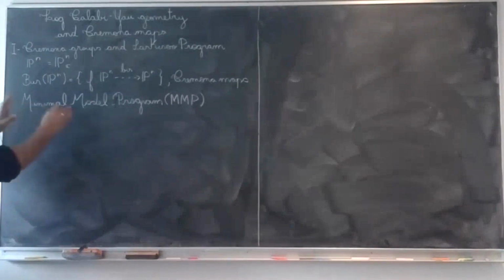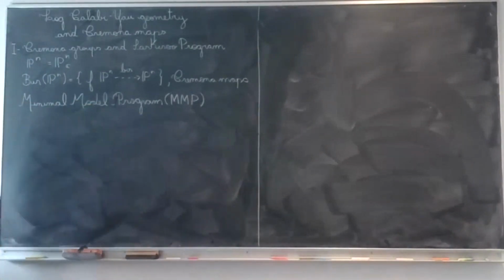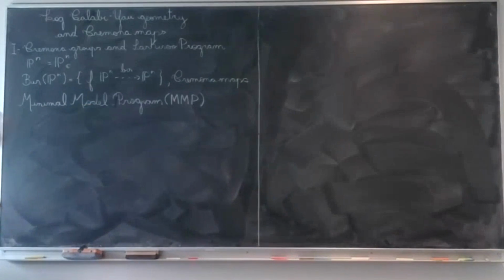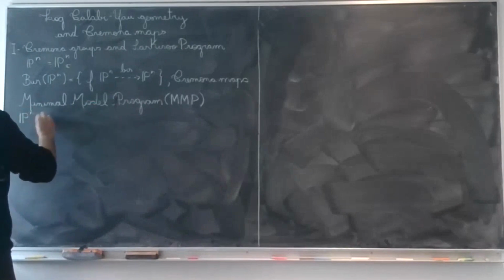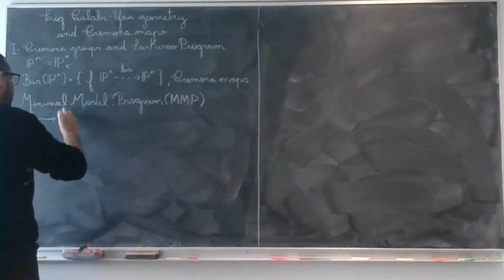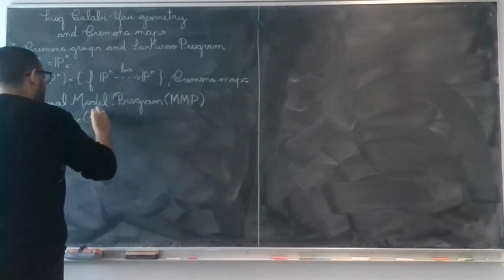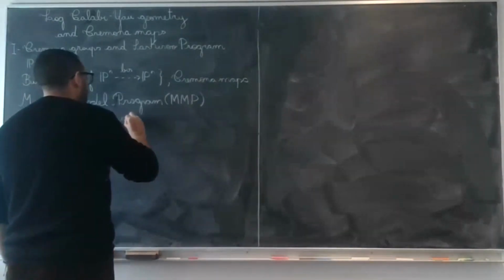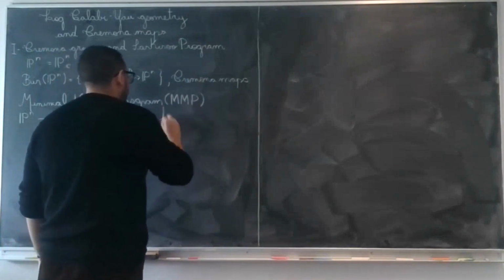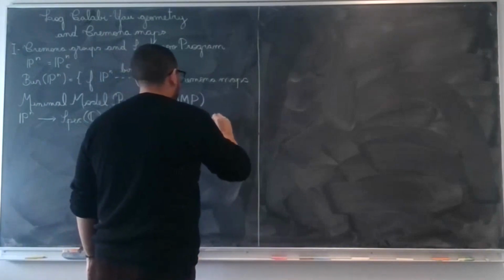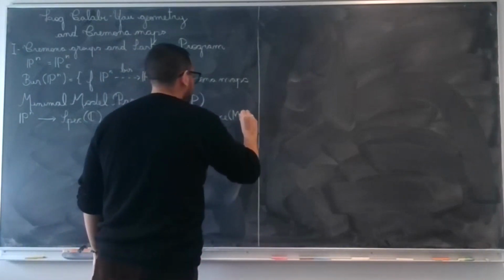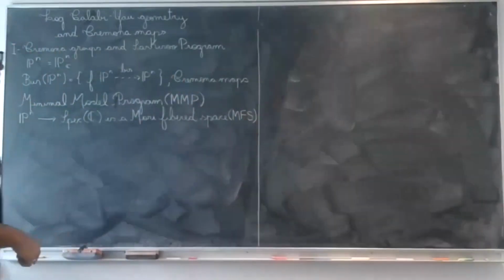And so this minimal model program, which we will explain better soon, gives us a really powerful machinery to deal with the study of this group. And from this point of view, P^n with the morphism from P^n to Spec of C is a Mori fibered space. Soon I will explain what this concept is.